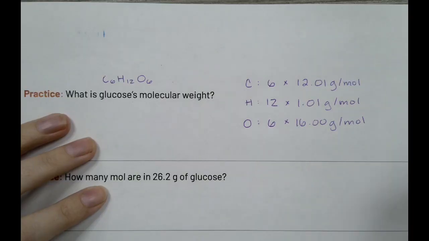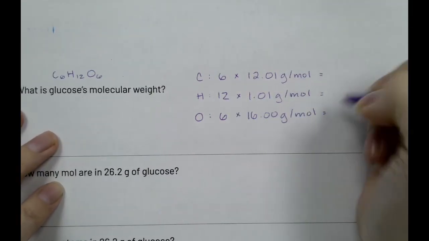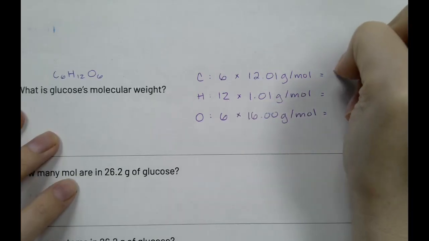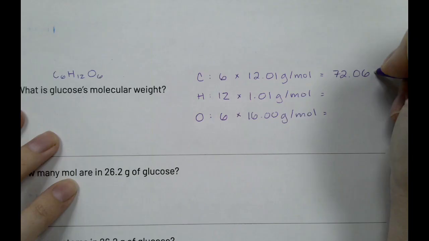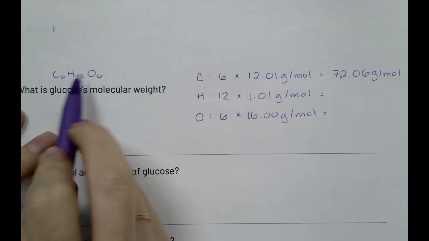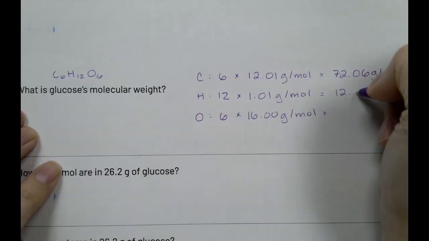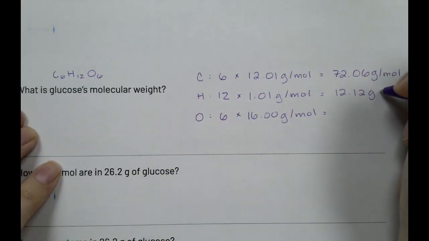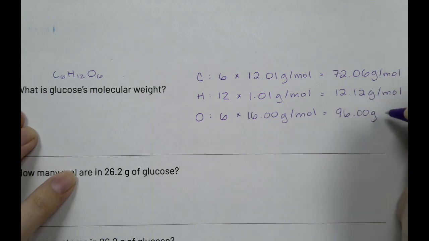Okay, if we do the math for each one of these, 6 times 12.01 gives us 72.06 grams of carbon in 1 mole of glucose. We have 12.12 grams of hydrogen in each mole of glucose. And we have 96.00 grams of oxygen in each mole of glucose.